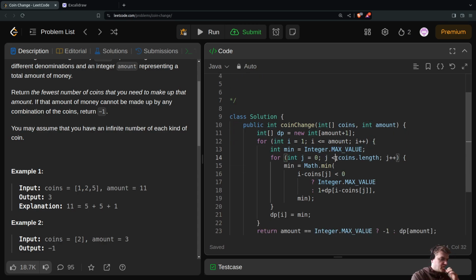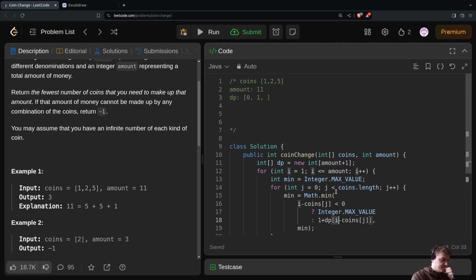Then I go through the coins array and subtract current i minus coins j. If it's less than 0, then it's going to be integer max value. If it's greater or equal 0, it's going to be 1 plus dp of i. So let's say i equals 1 initially.